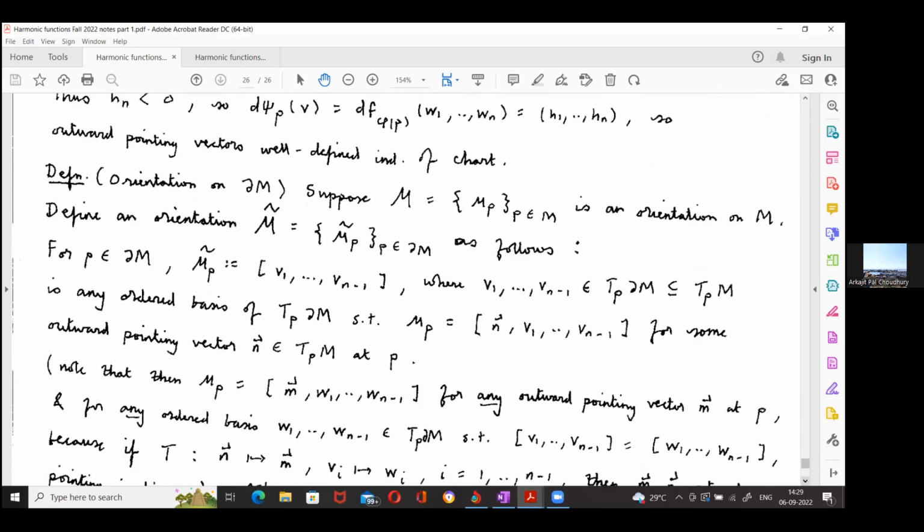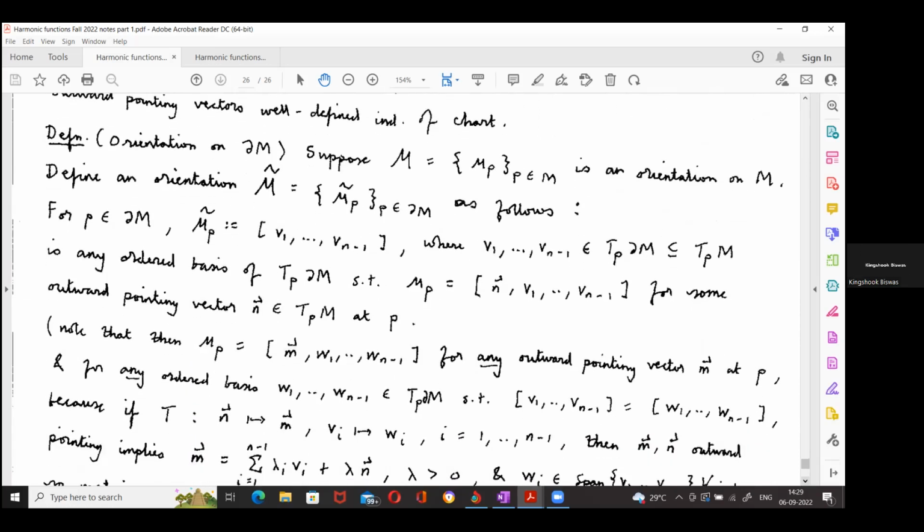Okay. So now we can use this to define an orientation on the boundary of M. So suppose we have an orientation mu on M. For us, an orientation, remember, is a choice mu p of orientations at each tangent space, which is continuous in the appropriate sense. Then we can define an orientation mu tilde at all points of the boundary of M as follows.